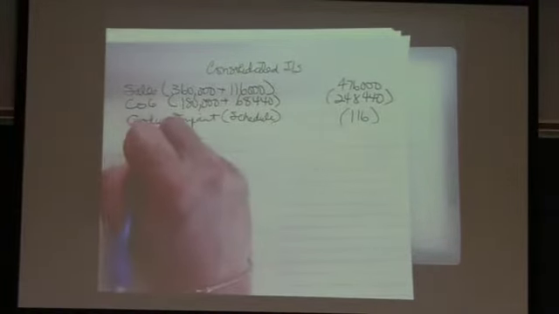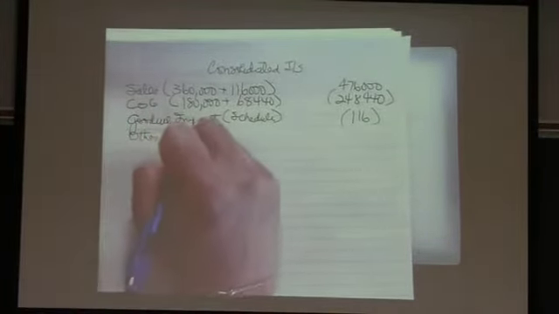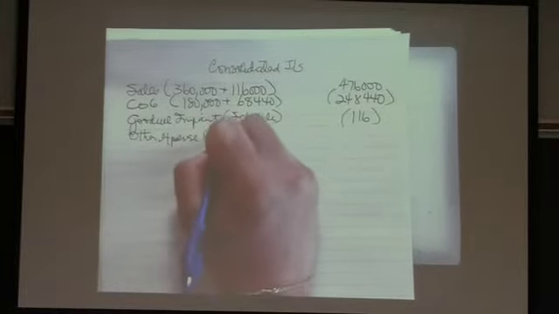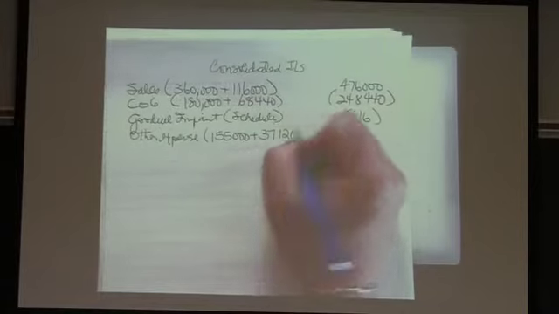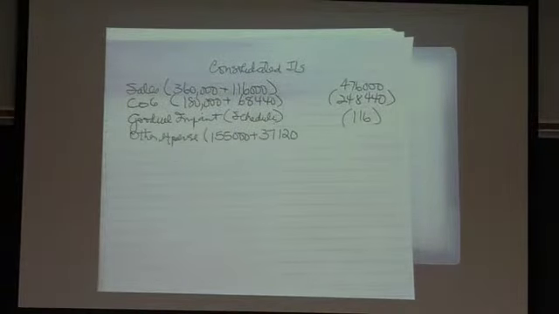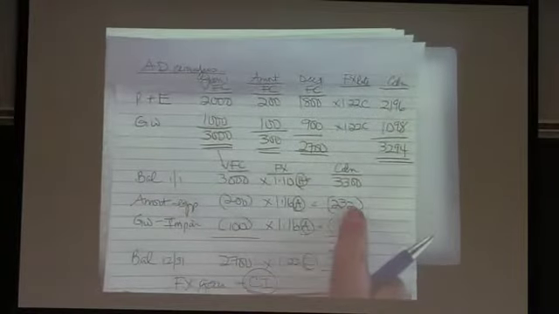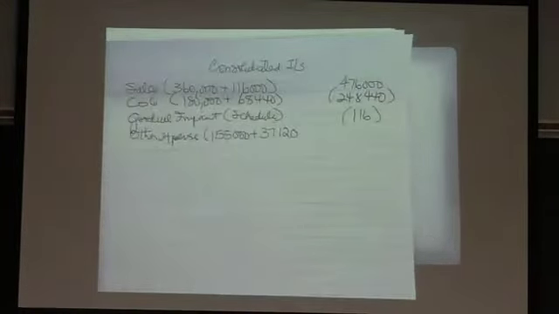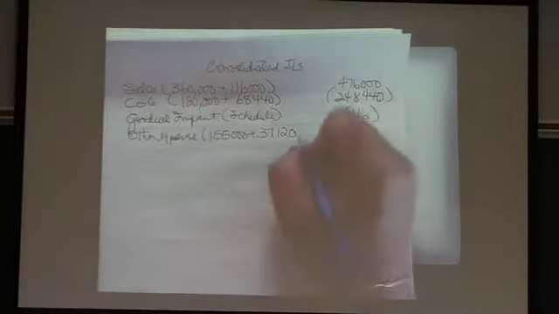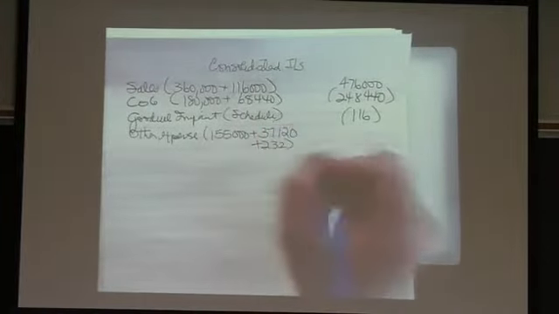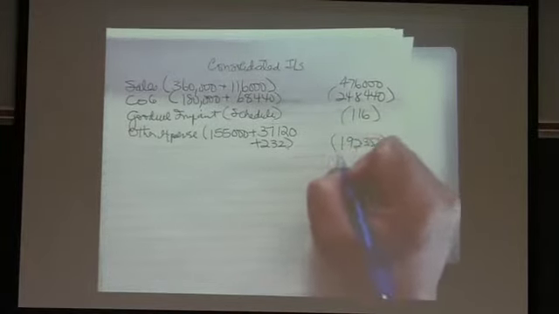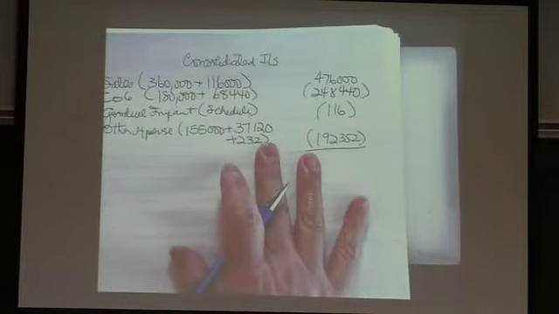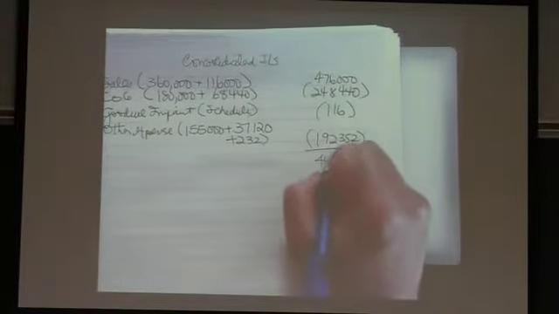Other expenses is parent plus the translated income statement on the sub plus the 232, which is the amortization of the equipment's AD, right? To give us a profit of 440.